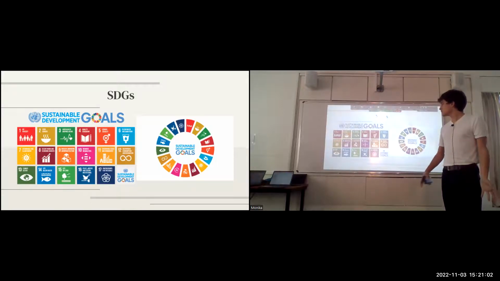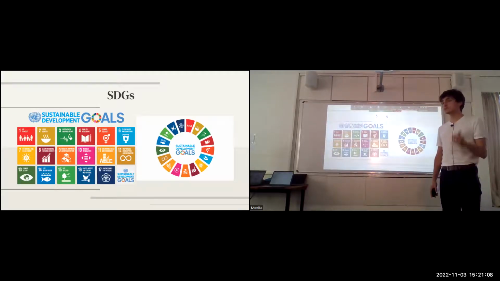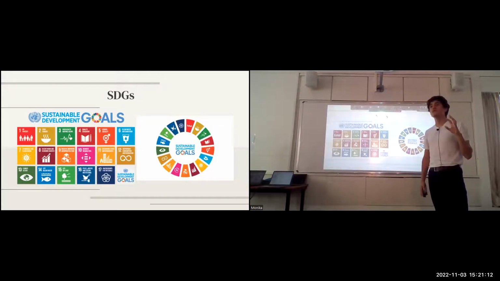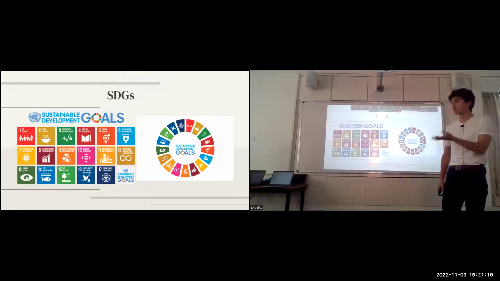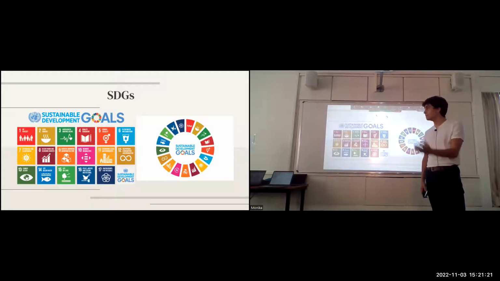And to finalize this, there's the characteristic of leave no one behind. For example, in the last set of goals, the Millennium Development Goals, they were only focusing on more economically developed countries. We can see that in the example of China, where there was exponential growth in the economy.